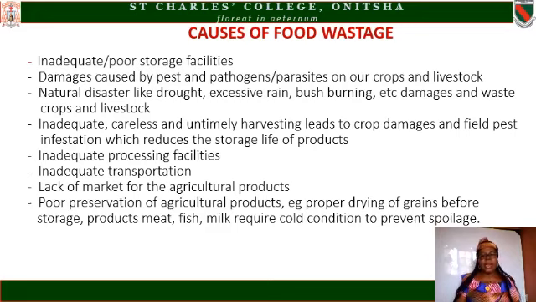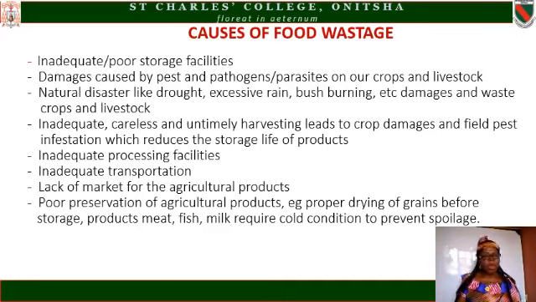There's something like grains or legumes. After processing them and drying them very well, you're supposed to store them away in something like silos or airtight containers so that they are not attacked by pests. Then we have another one, the damages caused by pests and pathogens to our livestock and crops.